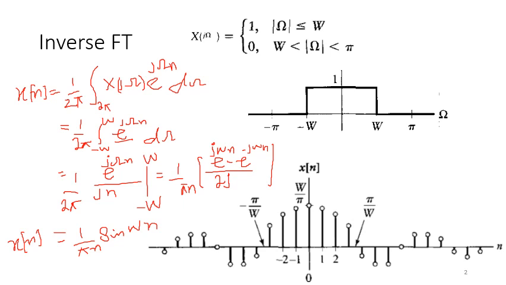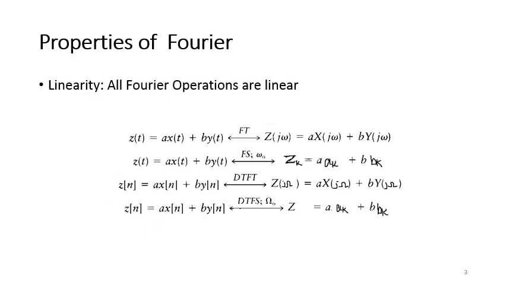Let's start the new topic, Fourier properties. The first property we are going to consider is linearity. You understand what linearity is, right? You have learned it on multiple occasions previously.